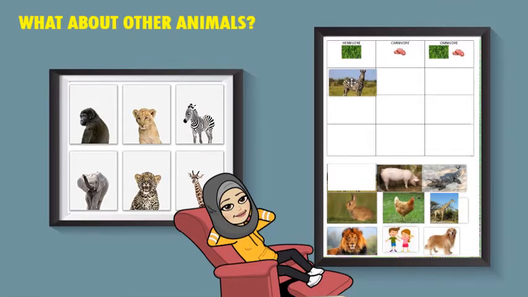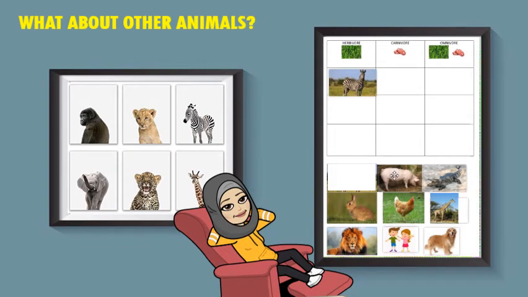What about pigs? What do pigs eat? Pigs are omnivorous animals since pigs eat vegetables, they eat fruits, but they eat also some bugs.